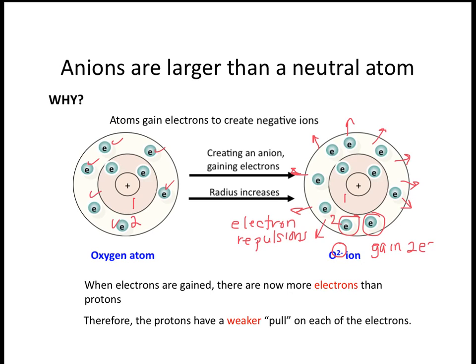We could also think of the tug of war again. Remember that the oxygen atom has 8 protons and exactly 8 electrons. But the oxide ion has 8 protons and now 10 electrons. So the electrons are winning out of the tug of war, and they are going to pull away from the nucleus, thus creating a larger ion.